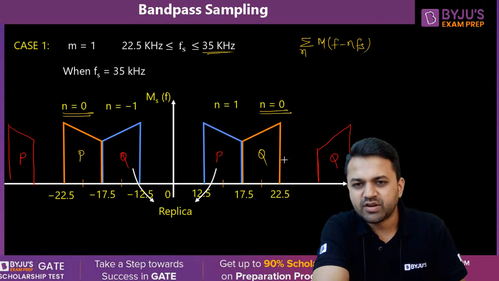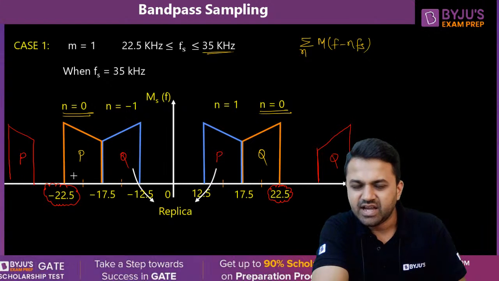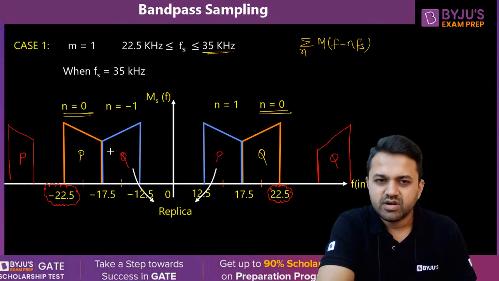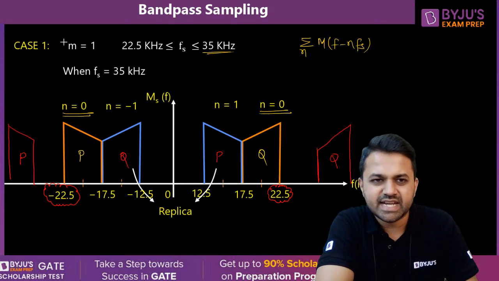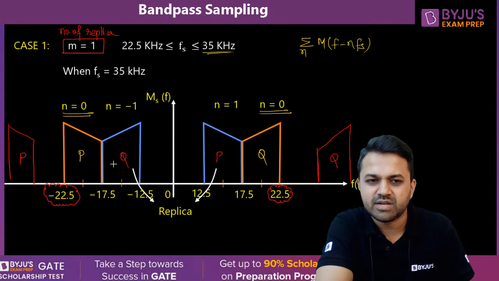But we are not interested in the components which are beyond 22.5, because our original spectrum ranges from minus 22.5 to 22.5. That is why I have not drawn them in the diagram. Now, as I said, m equal to 1 is the number of replicas. You can see how many replicas there are in between your original message signal.